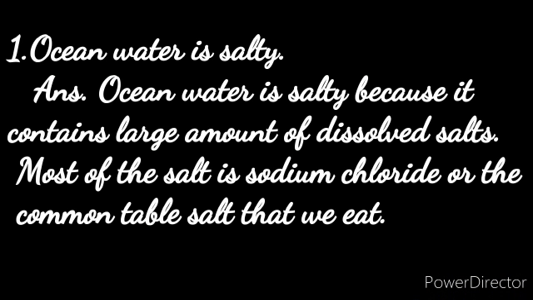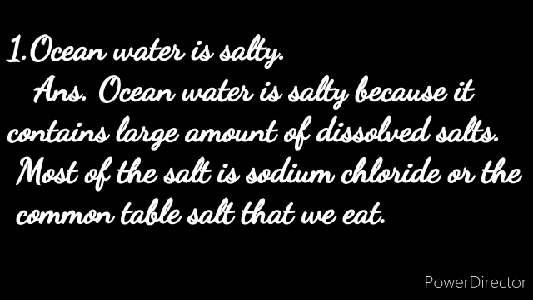Okay, now second number of your exercise is give reasons. Now see the first number. See the second number. The quality of water is deteriorating. So we have to give the reason why the quality of water is deteriorating.